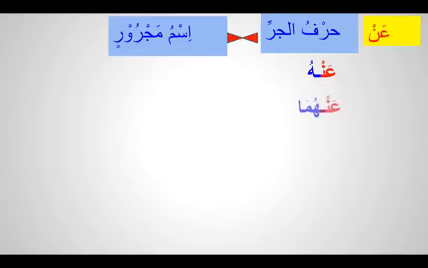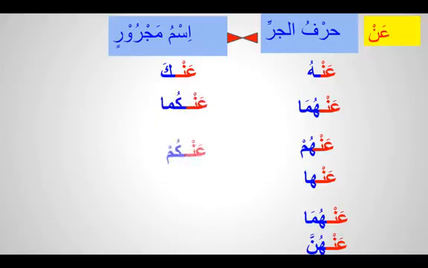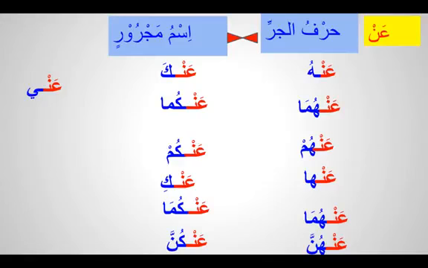It becomes anhu, anhuma, anhum, anha, anhuma, anhunna, anka, ankuma, ankum, anki, ankuma, ankunna. Anni has the shadda here, and anna also has shadda.